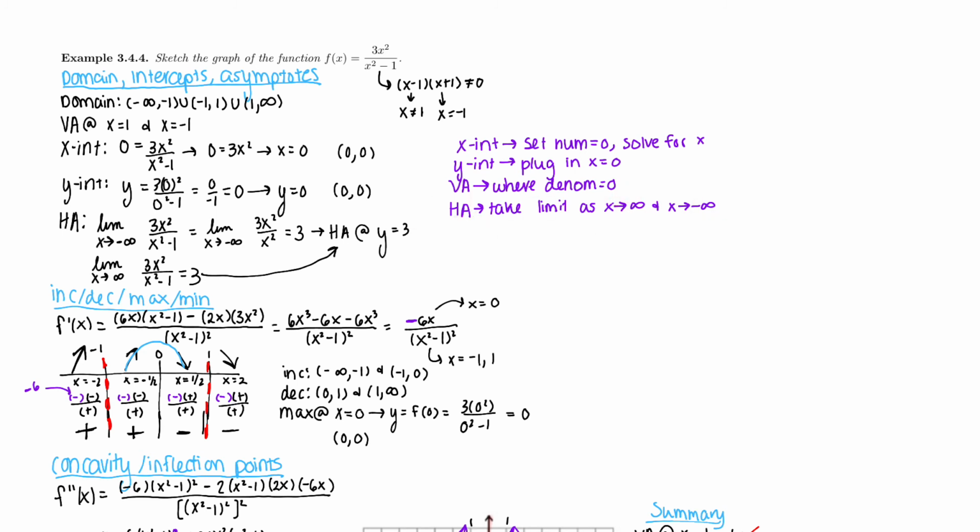For horizontal asymptotes, you're looking at taking the limit as x goes to negative infinity or positive infinity. With polynomials, you don't have to worry about any asymptotes because polynomials don't have asymptotes, but rational functions will, and other functions might. Well, rational functions won't always have a horizontal asymptote, but you have to check for them.